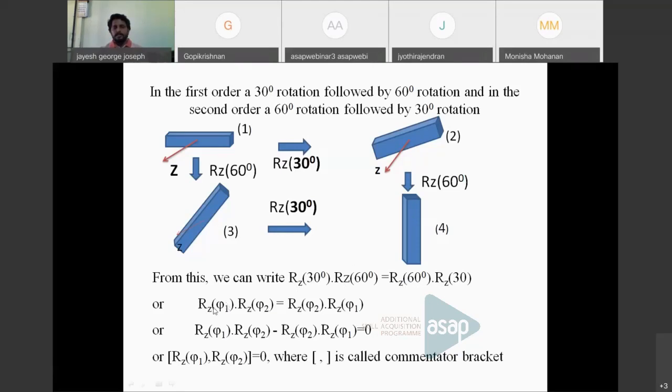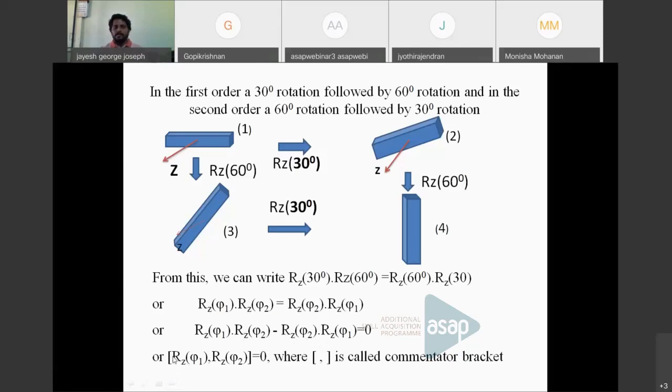Or we can write Rz of phi 1 into Rz of phi 2, here phi 1 is 30 and phi 2 is 60, is equal to Rz of phi 2 into Rz of phi 1. Or we can write Rz of phi 1 into Rz of phi 2 minus Rz of phi 2 into Rz of phi 1 is equal to 0.